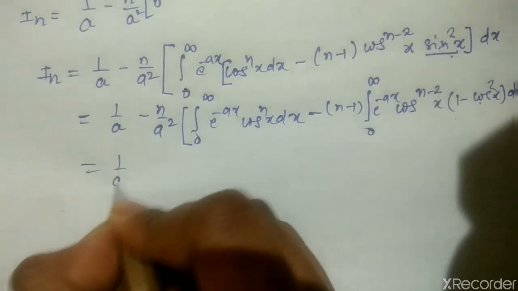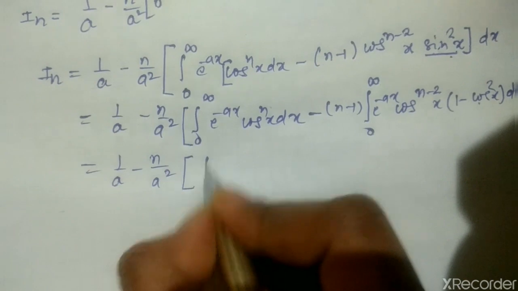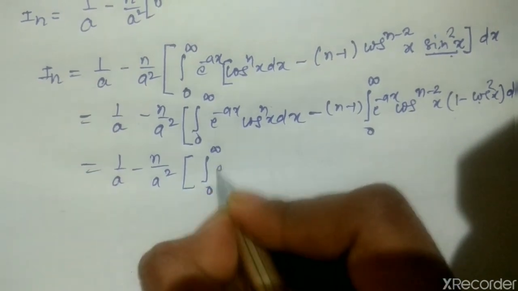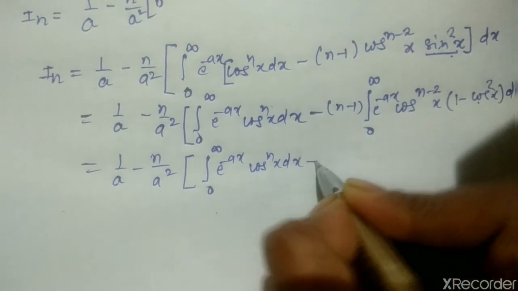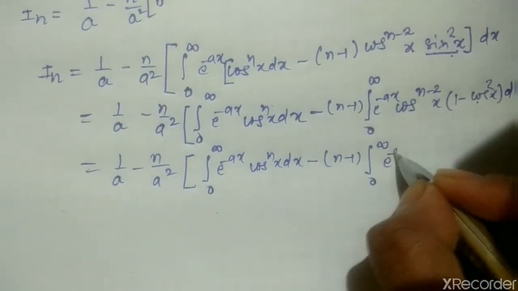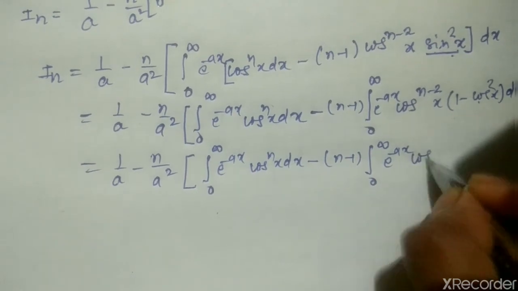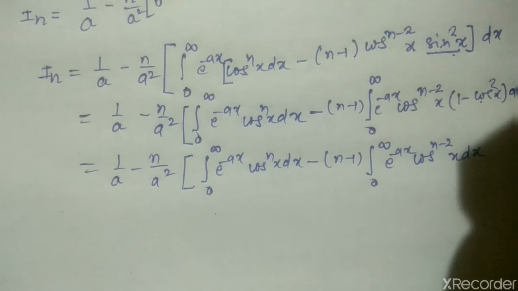Now this is equal to 1 by a minus n by a square, integral from 0 to infinity e to the power minus ax cos nx dx, minus n minus 1, integral from 0 to infinity e to the power minus ax cos n minus 2x dx, fine.